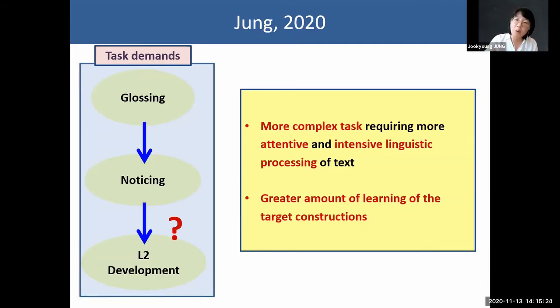So again, more complex tasks may require more attentive and intensive linguistic processing of the text, and I assumed that perhaps this will lead to a greater amount of learning of the target constructions.